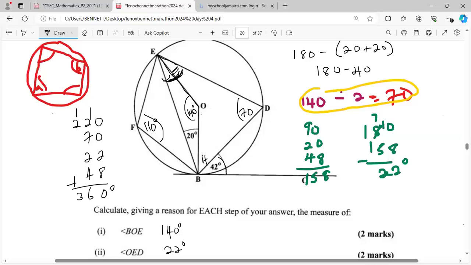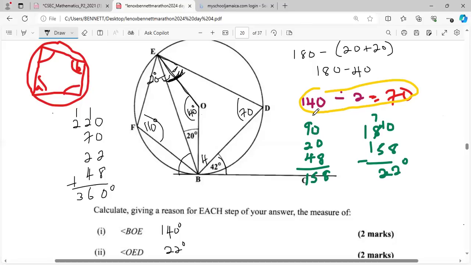Oh, I could have figured out this too, guys, so this is 70. Can you see it here? This is interior opposite. So the 42 here is equal to 42. But guess what? We know this is 20 already.